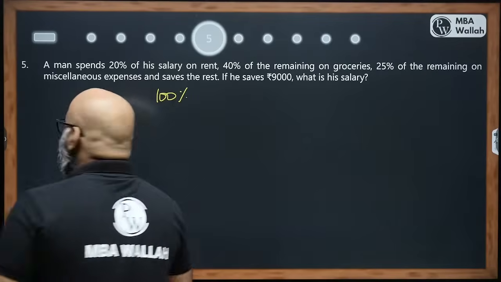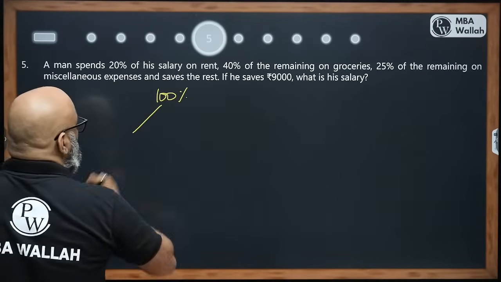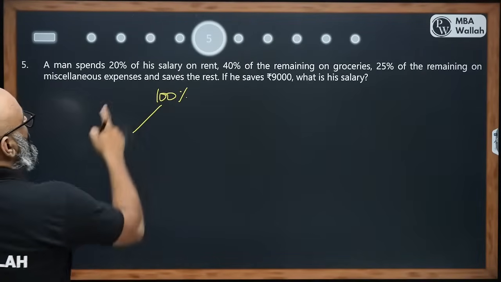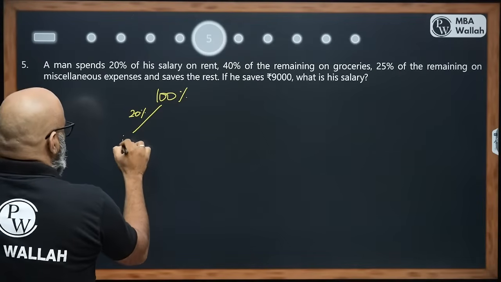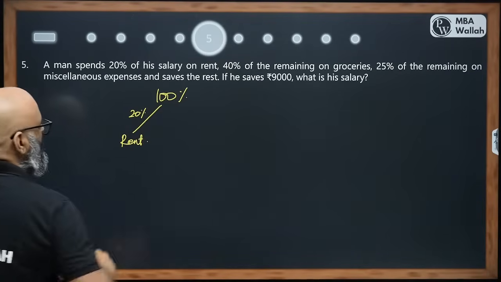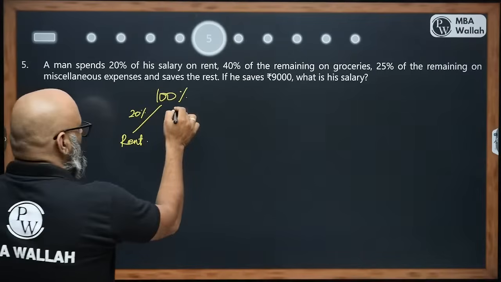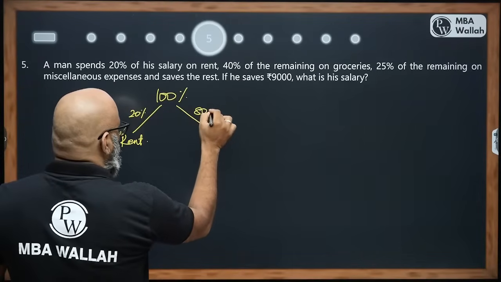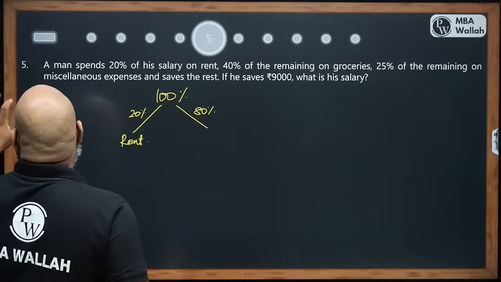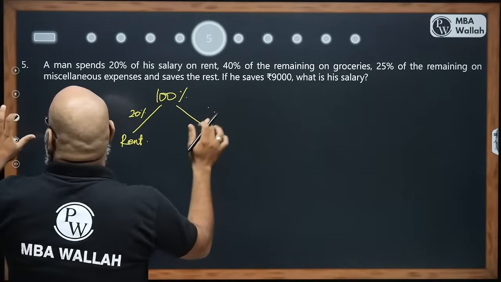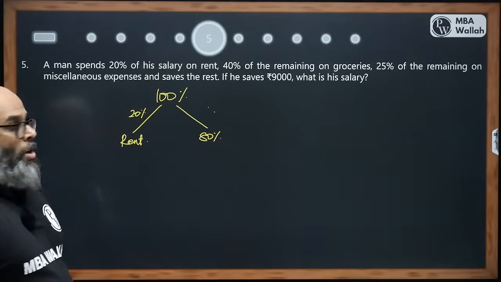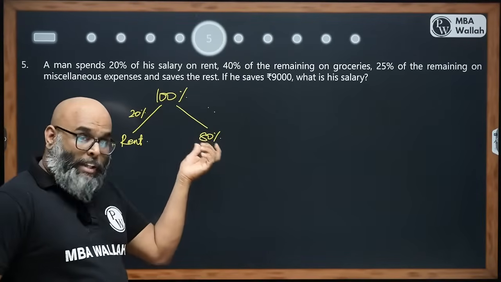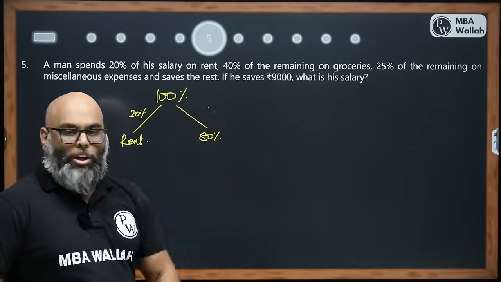So in that case, 100% of the salary is there, 20% of the salary on rent, right? Which means there is 80% remaining. There is 80% of the value remaining. Now 40% of this value is spent on groceries.